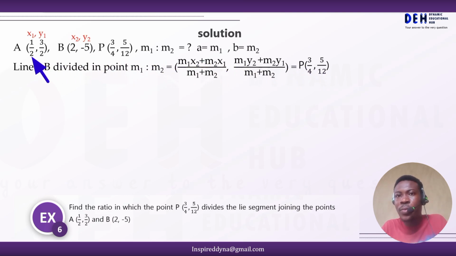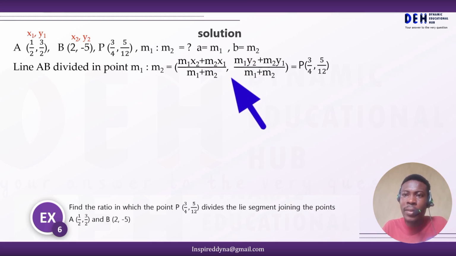Now from our question, we can see that this one is x1, this one is y1, this one is x2, this one is y2, and our m1 and m2 are a and b respectively. We just go ahead and substitute the parameters in this question inside this formula, and we solve our question.